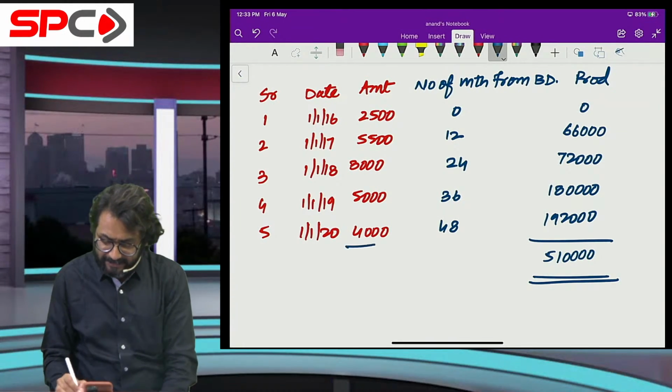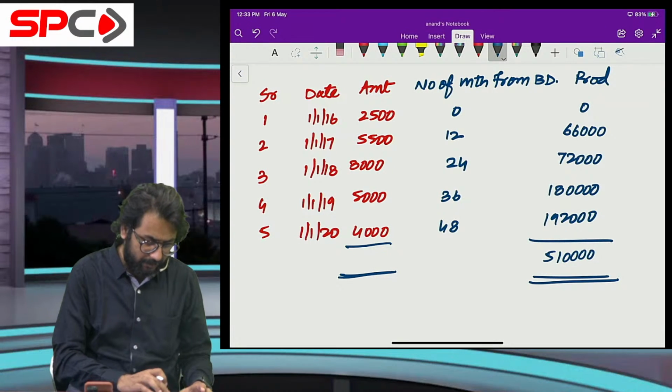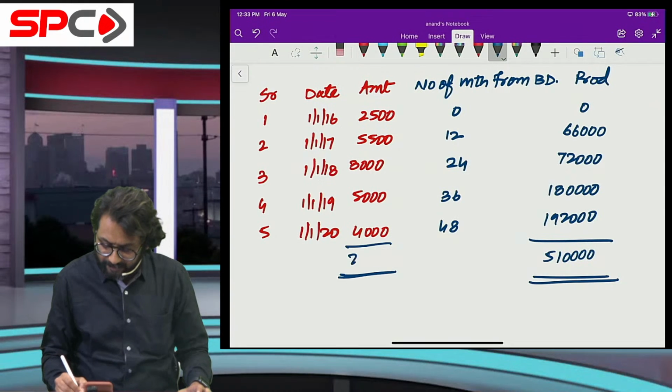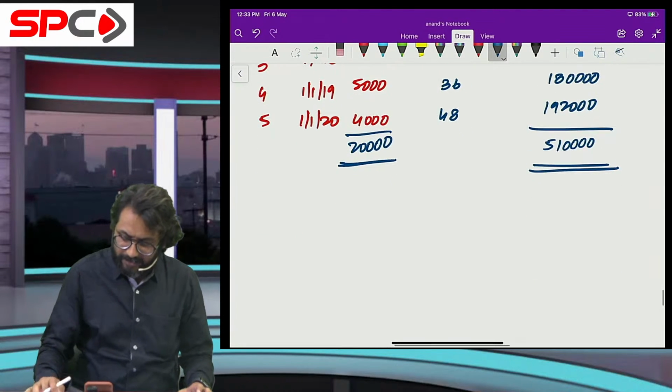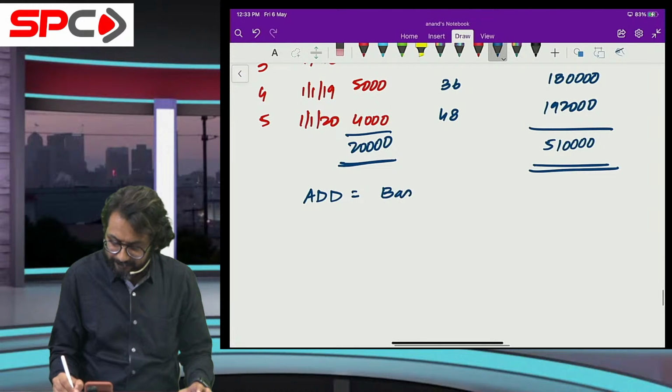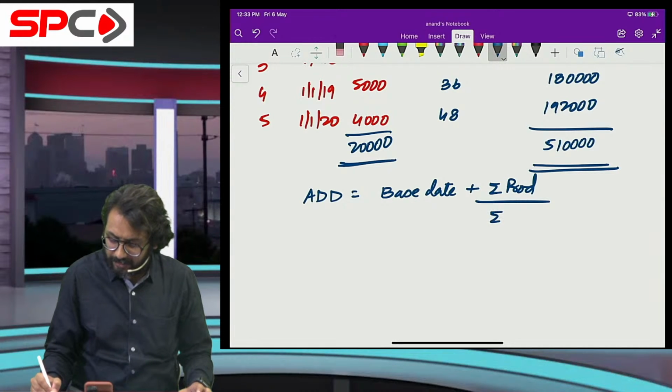Now boys and girls, take the total of the amount. 2,000 plus 5,500 plus 3,000 plus 5,000 plus 4,000. How much is that? 20,000. Now I have to calculate ADD is equal to base date plus summation product divided by summation amount.